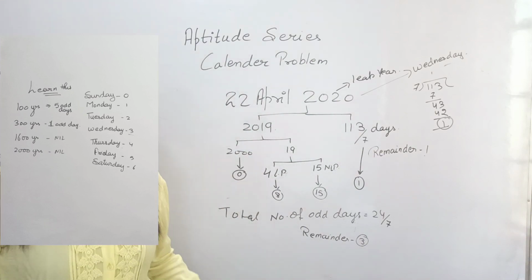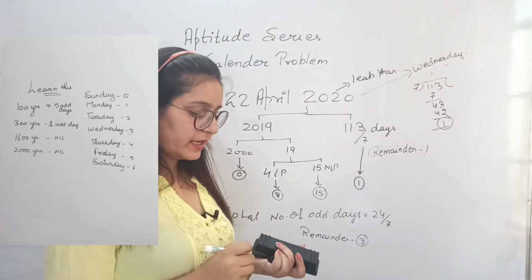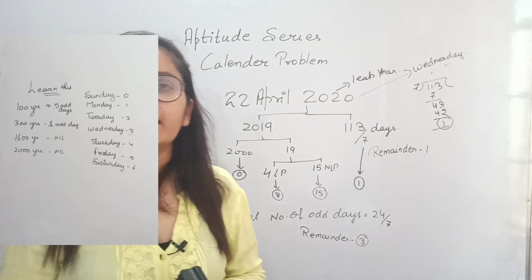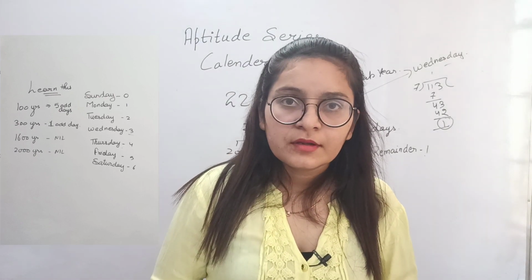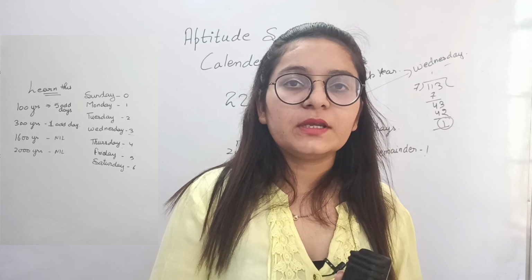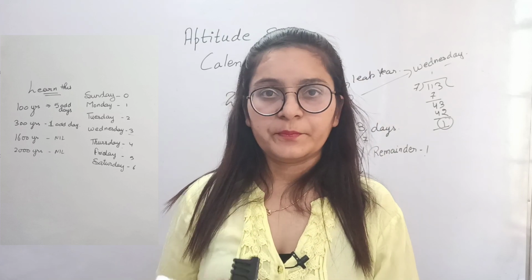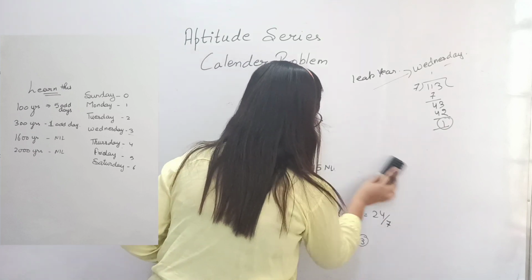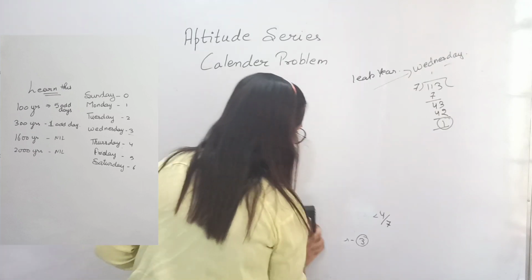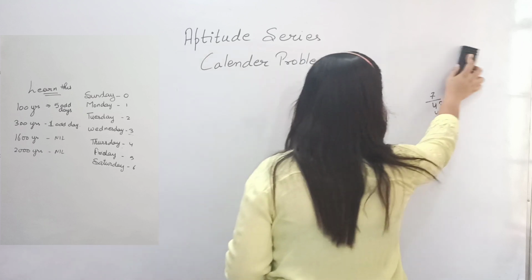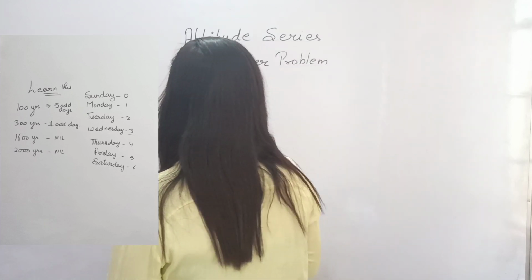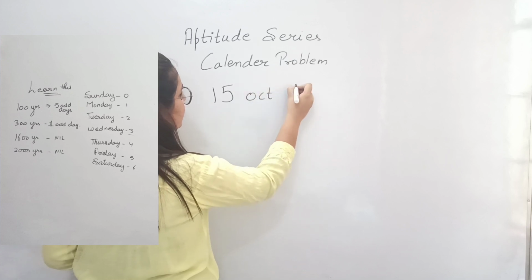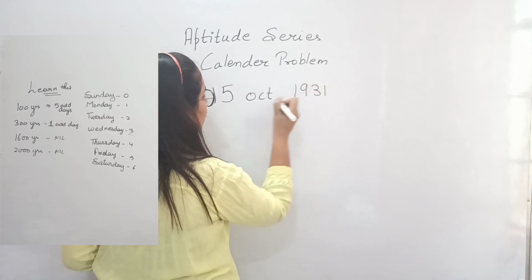Clear? Let's do it again with one more date, that is a very important date. 15th of October 1931. It was Dr. APJ Abdul Kalam's birthday. So let's calculate the day. Date is 15th October 1931.